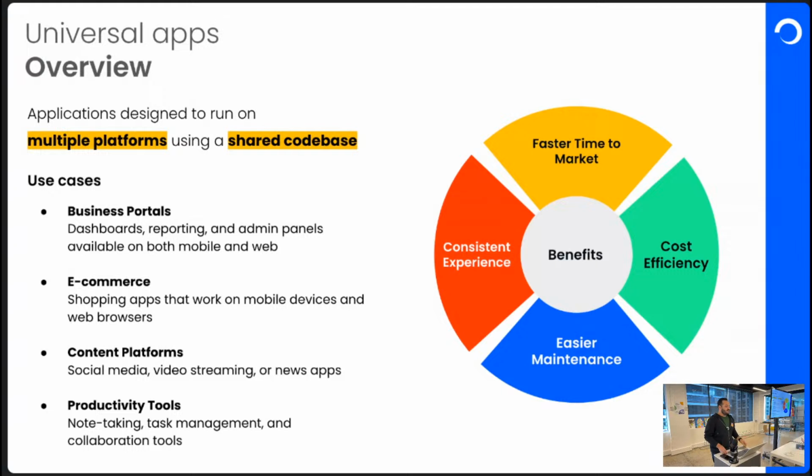These are the very popular use cases where people choose this pattern. You have business portals. We have seen e-commerce apps being universal because the overall experience is consistent across platforms. You need the same setup running on Android, iOS, web, even other platforms in some places. And then you have content platforms and productivity tools.